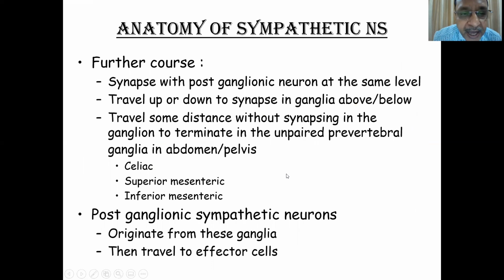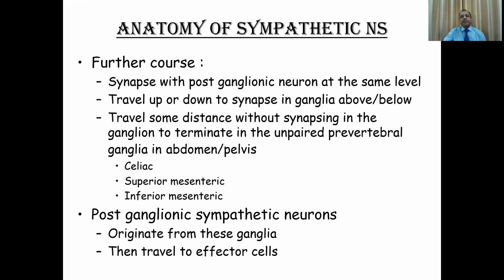But once this preganglionic neuron reaches the ganglion, three things happen. Either it synapses with the postganglionic neuron at the same level, or it travels up or down to synapse in the ganglia above or below, or it might travel some distance without synapsing in the ganglion to terminate in the unpaired prevertebral ganglia in the abdomen and pelvis.